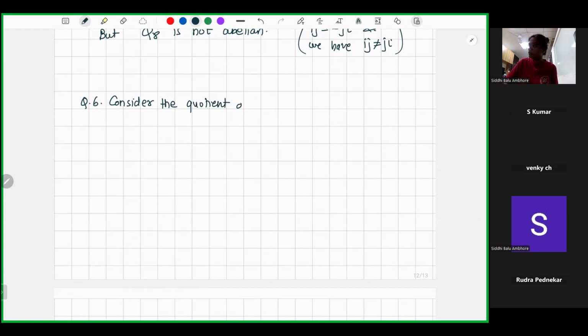Consider the quotient group Q mod Z, then which of the following is correct?